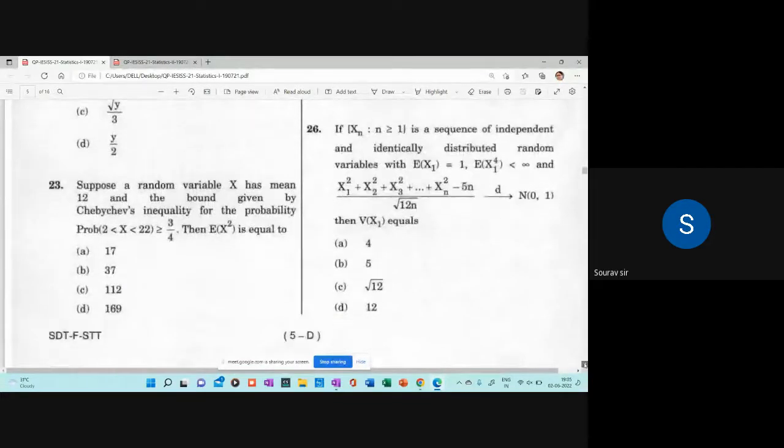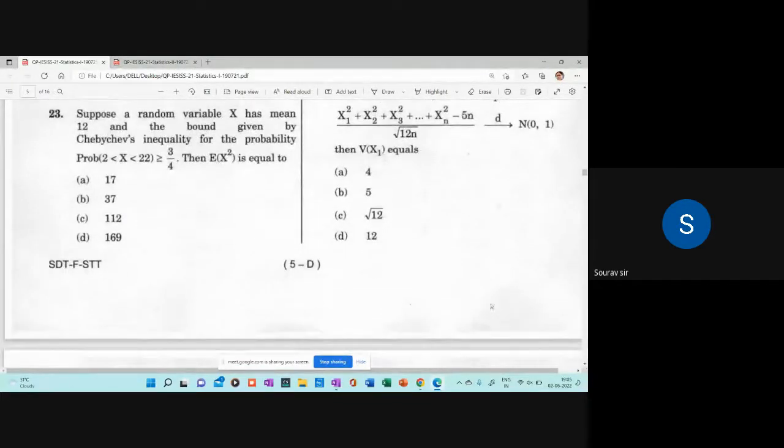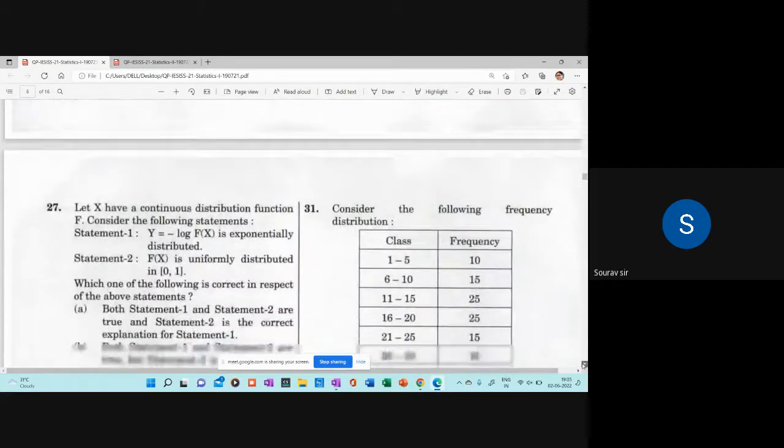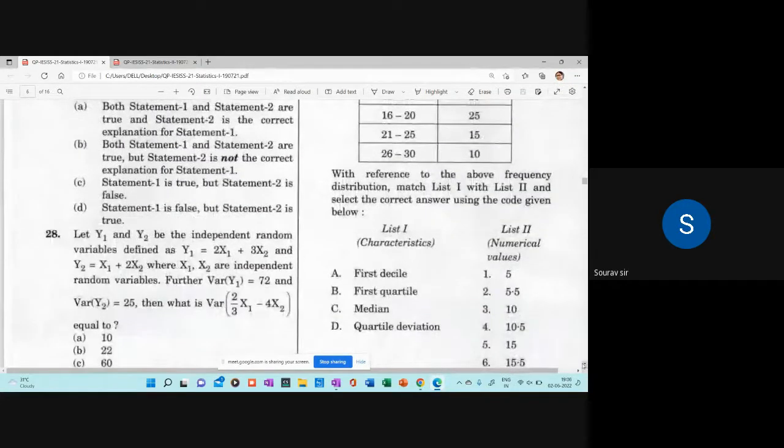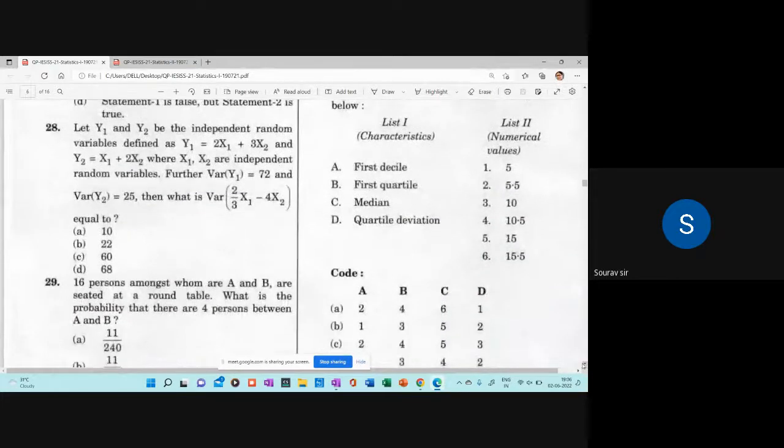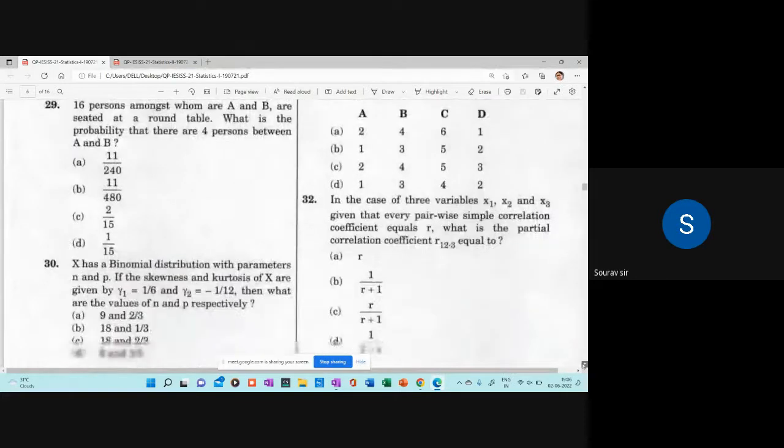I'm going to choose some arbitrary question as given to me. I think this question I have discussed in the last class already, so I'm skipping this one. 28 already has been discussed.